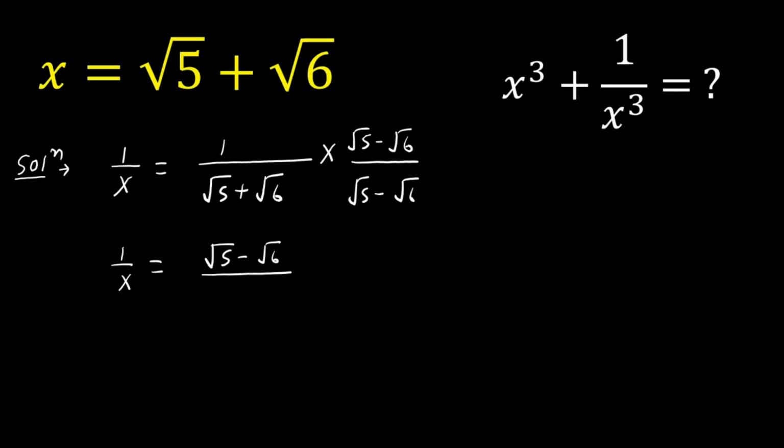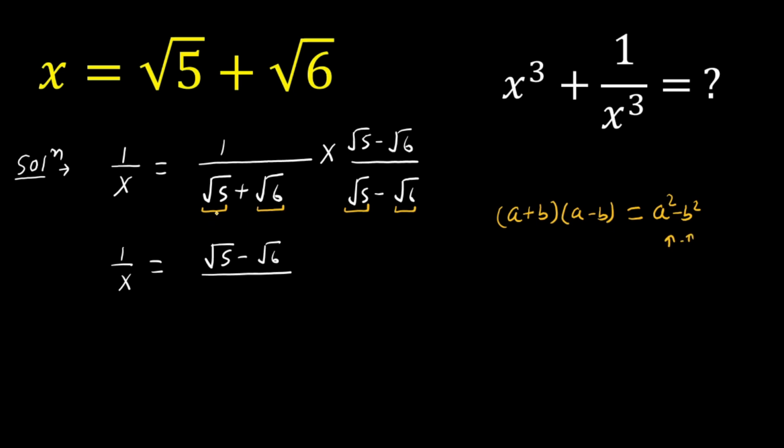the denominator we will apply (a plus b) multiplied by (a minus b), which is equal to a square minus b square. If square root of 5 is a and square root of 6 is b, then a plus b multiplied by a minus b is equal to a square minus b square.